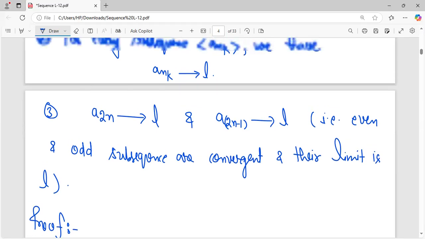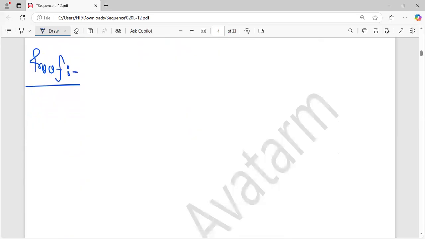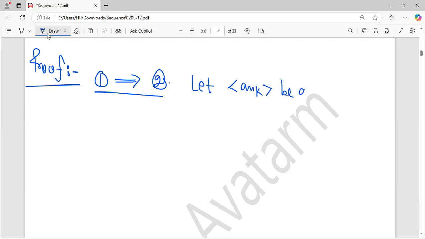So let's see its proof. We need to show that all these statements are equivalent. First, we assume that the first is true, so first implies second. Let a_{n_k} be a subsequence of a_n.